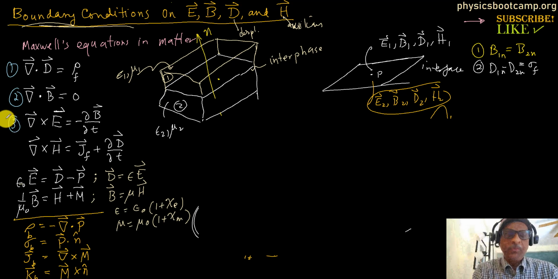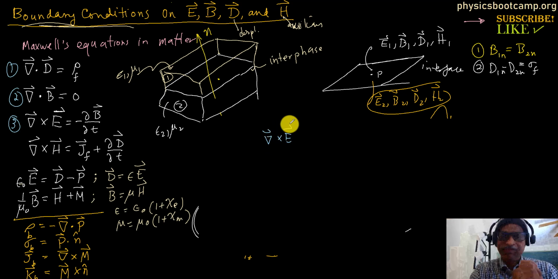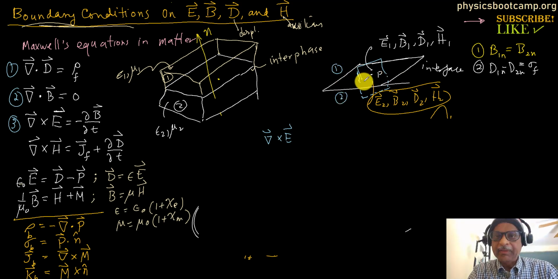So when we look at a del cross, what we're going to do is, on this surface, take a closed loop. This is one side, two side, and this is at the surface.